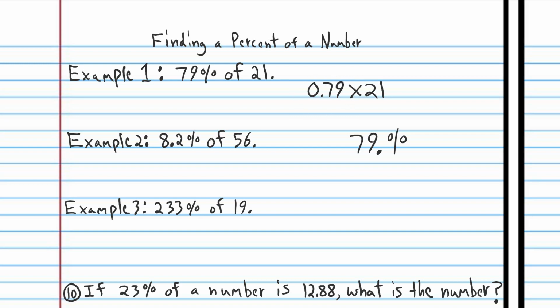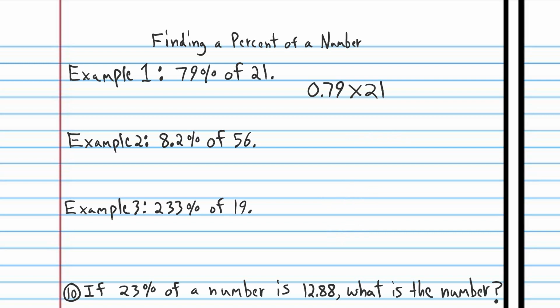Now, in the problem on example 2, the decimal is here, so it's not invisible. So in that case, you would move it over. It's 8.2, so you would take the decimal, move it over 2 places, and it would become 0.082. So that's how you change a percent to a decimal.